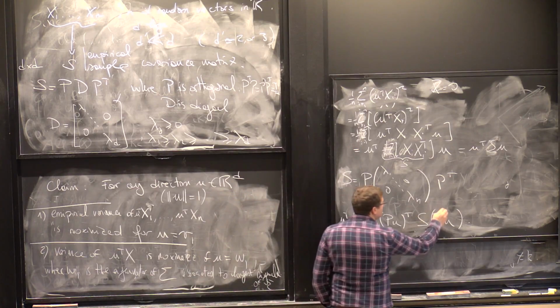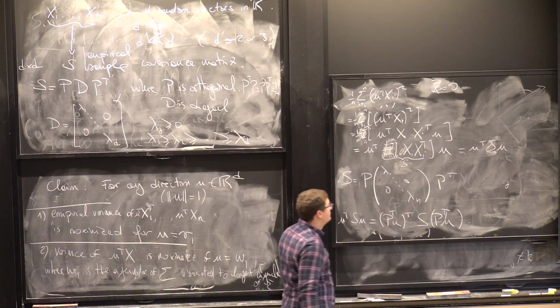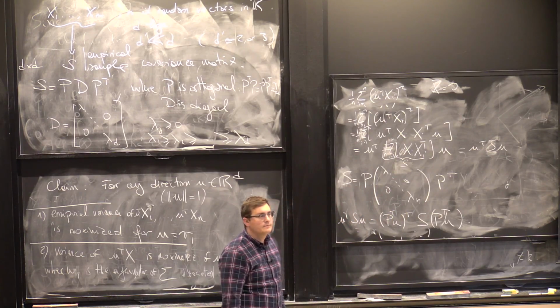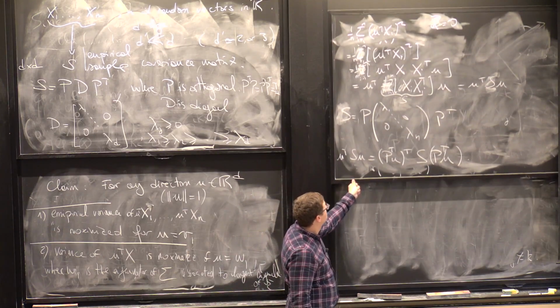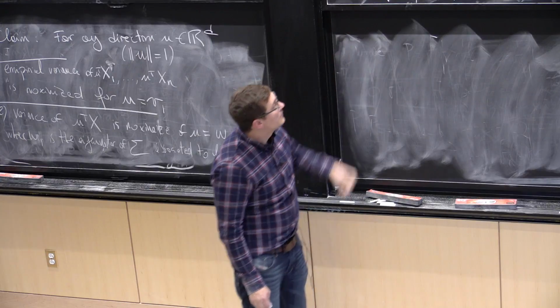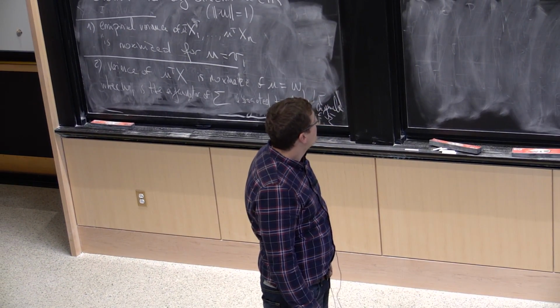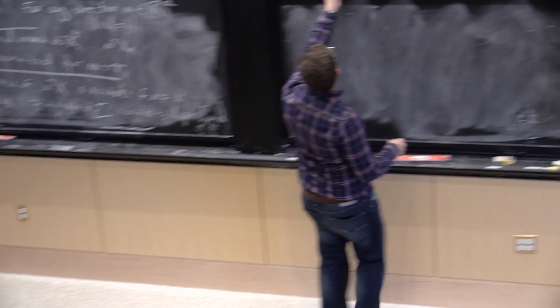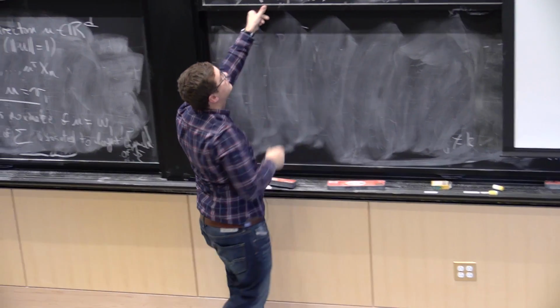That's this guy, and that's this guy. Now, sorry, that's not P, that's D. That's D, right? That's this diagonal matrix.